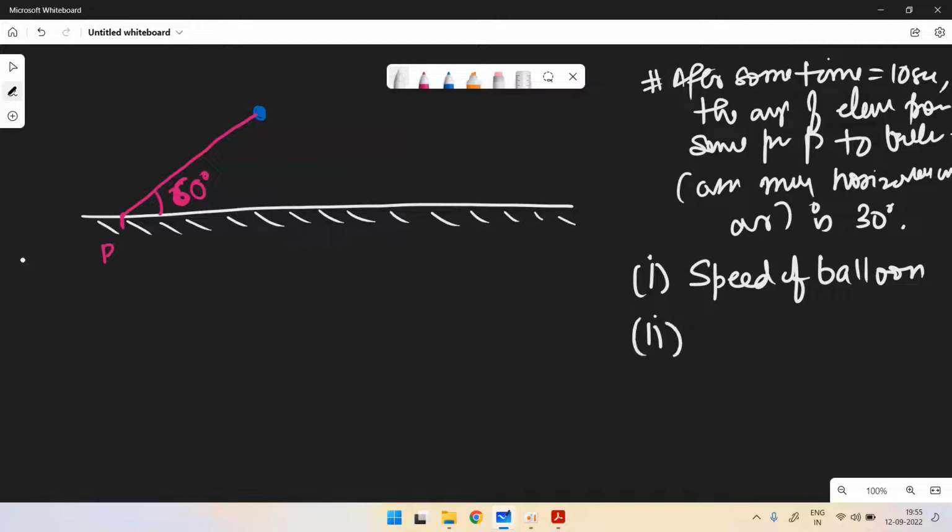Second, you need to find the distance traveled by the balloon in 10 seconds.